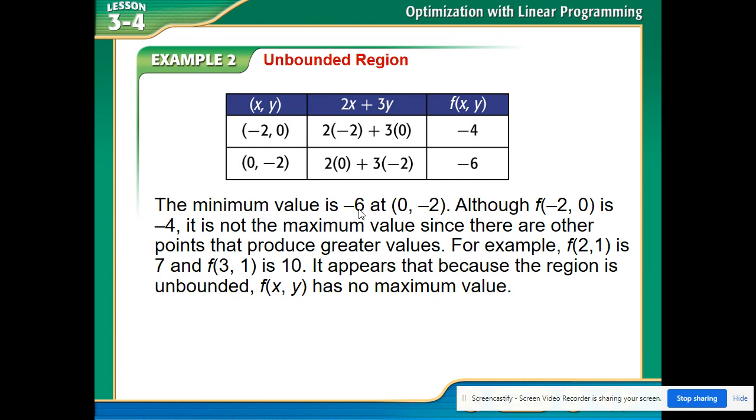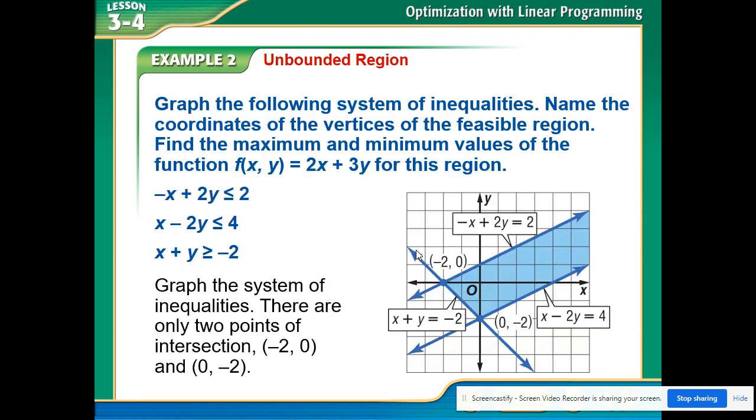Now, the -6 is a minimum. Well, how do we know that it's a minimum and not -4 being the maximum? What we need to go ahead and do is try some other points like 2, 1 or 3, 1. If we look back at our problem here, 2, 1 would be right here, and 3, 1 would be right here.